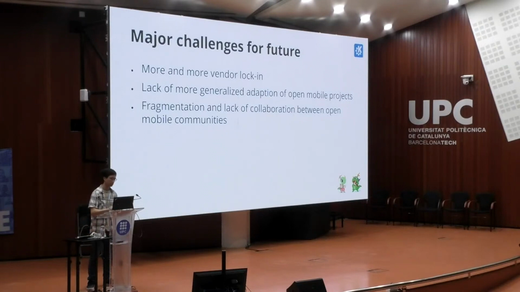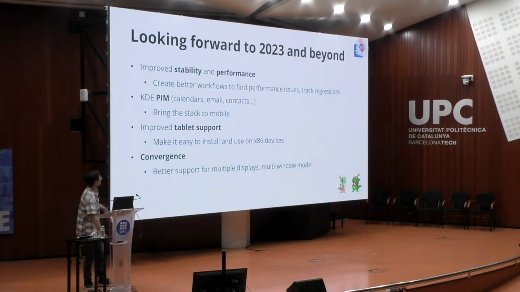Next slide, please. So now we're going to look forward to our 2023, 2024 goals. The biggest thing that we really need to focus on nowadays is stability and performance. A lot of the initial development work of the past two years was on implementation. We needed a shell, we needed all these things to be working.